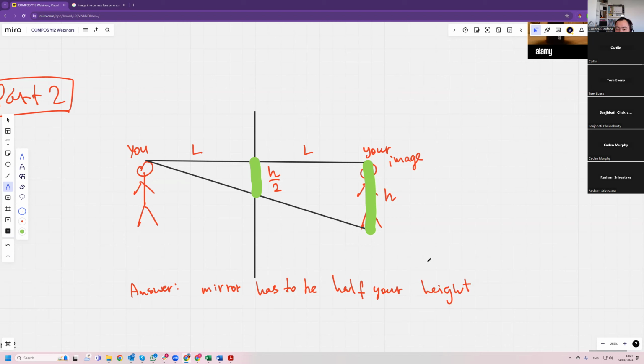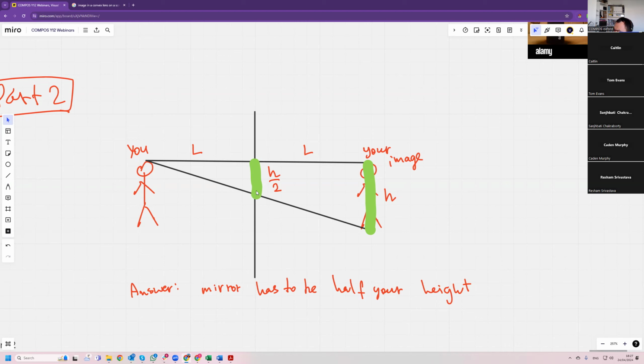I think the most important thing here is that your image would still be here, exactly in this position, regardless of where you put the mirror. So if you put the mirror here, your image won't move. You won't see it. It's still there, but you don't see it.